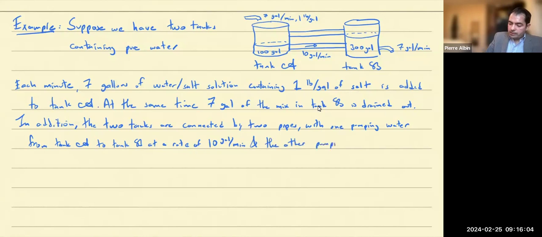And the other pumping from tank B to tank A at a rate of 3 gallons per minute.